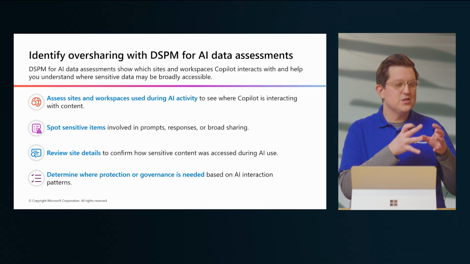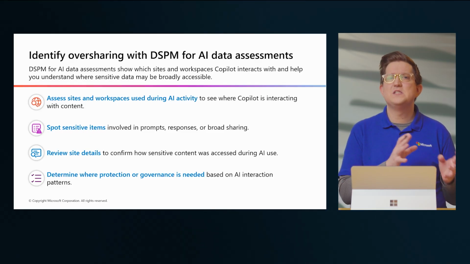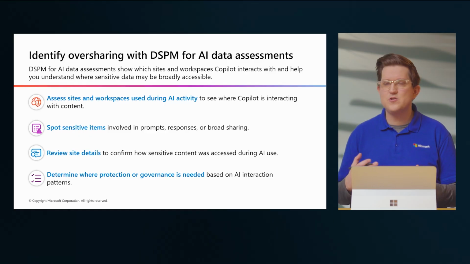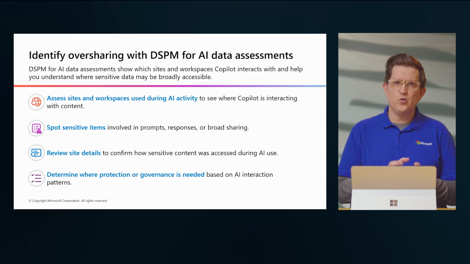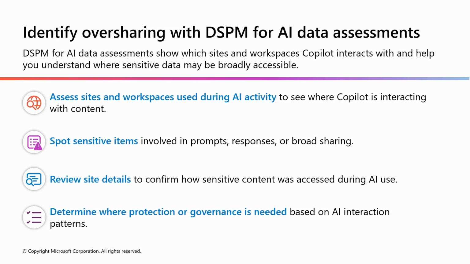It gives us ways to spot sensitive items that may be shared outside of the scope that they are required. Maybe we're pulling in things from specific groups or business units or high-risk projects where they should be scoped to users directly. Using the tools within DSPM for AI, we can understand through AI data assessments where there is potential oversharing and where we can increase governance controls around data across the board.